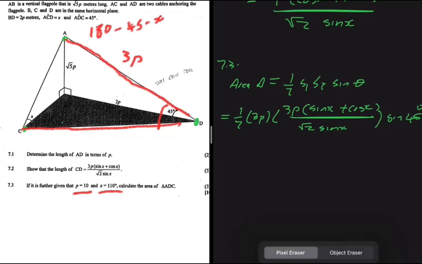So that I don't waste time, I'm just going to do it here already, right? So instead of p there, I'm going to multiply by 10, because p is 10. Here I'm also going to multiply 3 by 10.